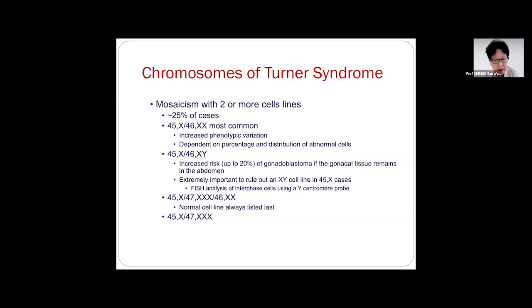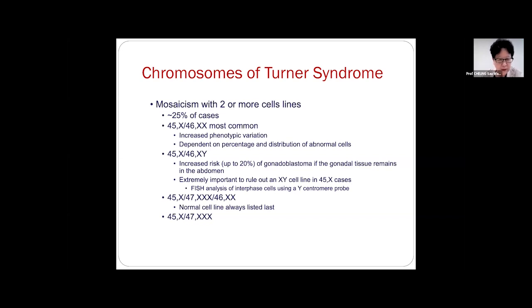And you also had increased risk of having 45X and 46XY. And that's why at birth, when you have a child with the Turner syndrome, we always send for blood test to rule out mosaic XY, because if the child born with the 45X and 46XY, and that XY would develop into gonadal tumor.